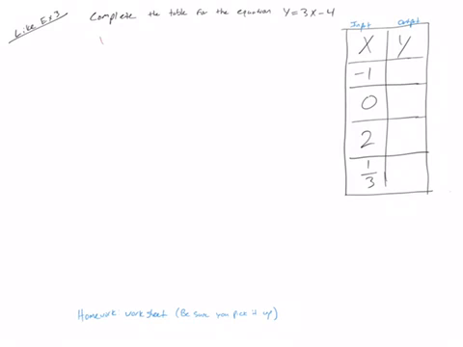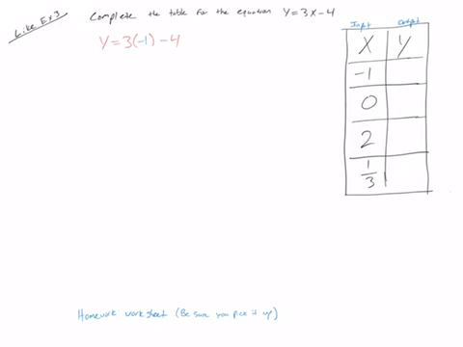We're going to have y is equal to 3x, and I'm just going to put parentheses right here where I want my x, minus 4. Why I put parentheses there is, instead of plugging in x, I'm going to plug in a number for x. So I'm going to plug in -1 right there, and then find out what y corresponds to that. Now I want to simplify this out.